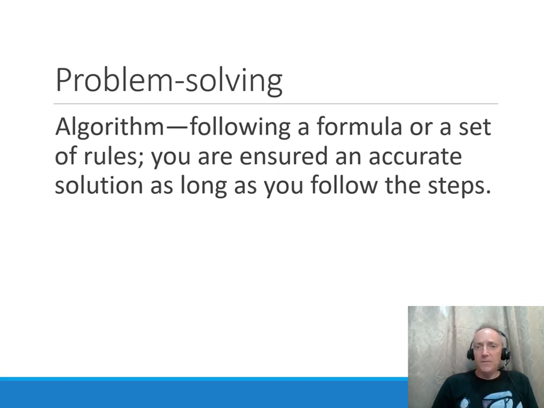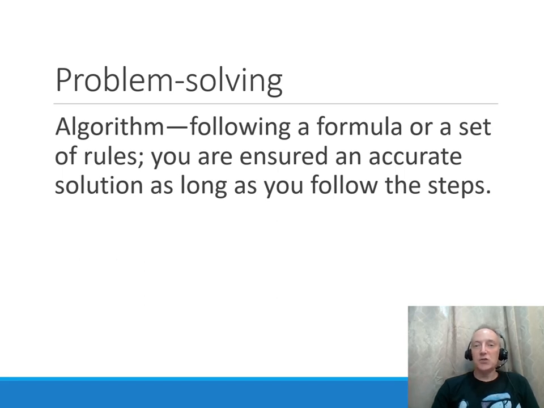So if you buy furniture that you have to assemble, like furniture from IKEA, the set of instructions is an algorithm. If you follow them step by step, you should always end up with the same accurate assembly.